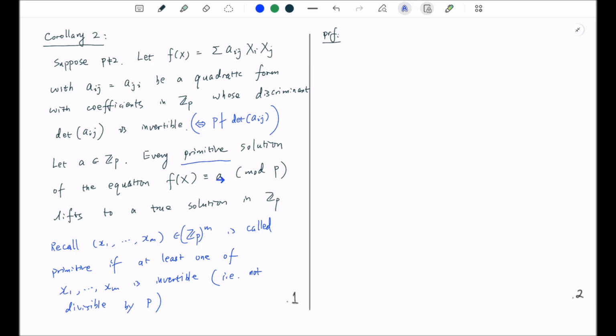Actually, the constant element a here is not important, because when we take the partial derivative, a always vanishes. So in view of corollary 1, it suffices to look at just the partial derivatives for f and show that the root here will not annihilate all the partial derivatives for f.